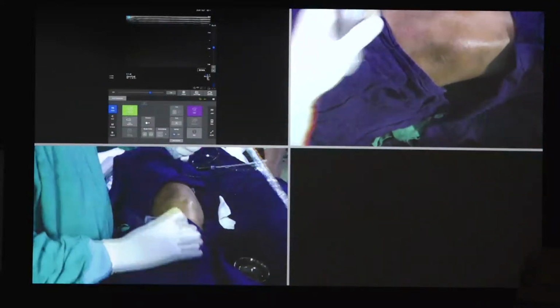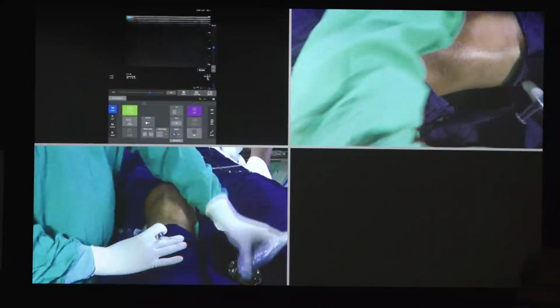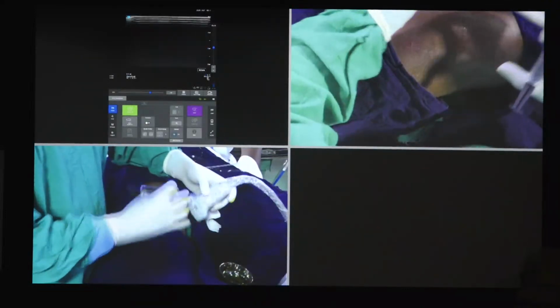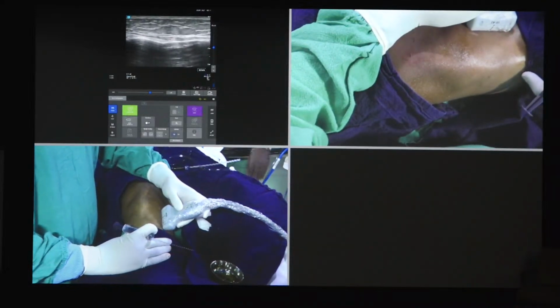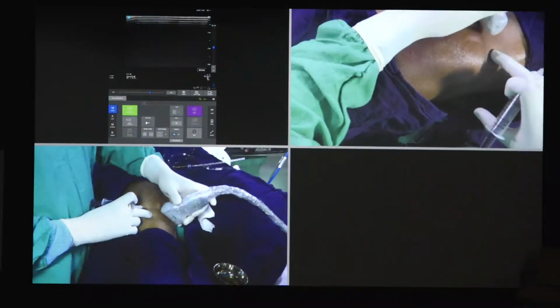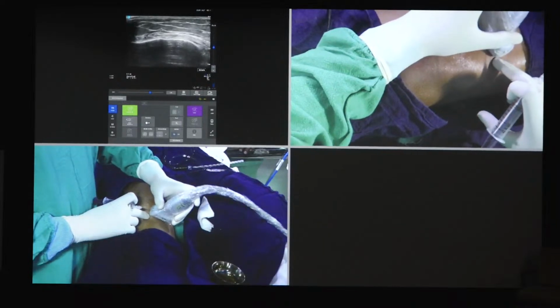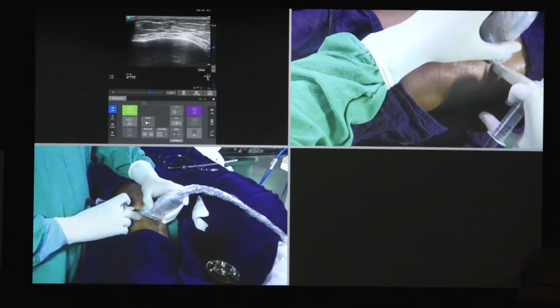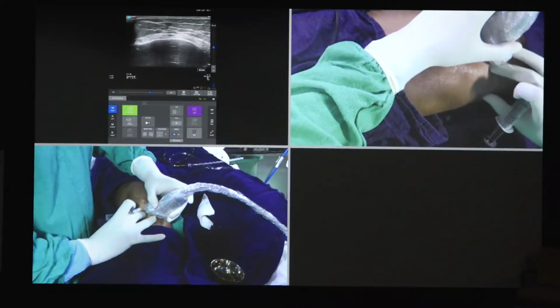Just hold it. Yeah. So let me confirm again. She is moving the legs, I think.